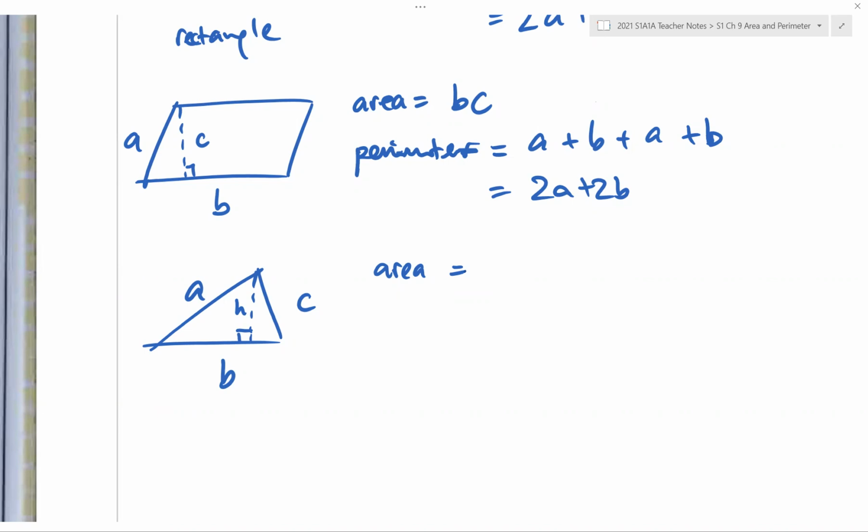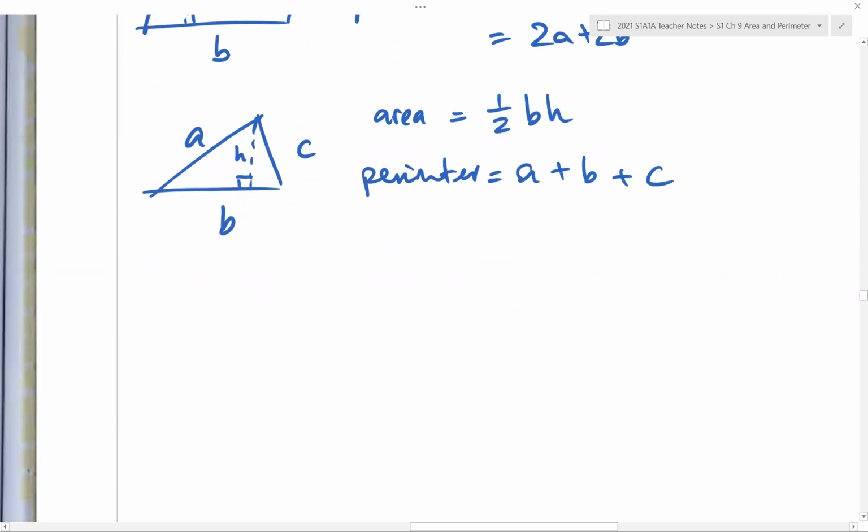So the area will be half times the base times the perpendicular height. Half BH. Yes, it is our algebra. Perimeter. B plus C. Good.